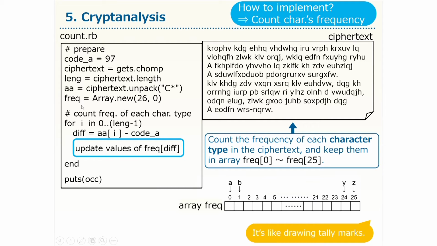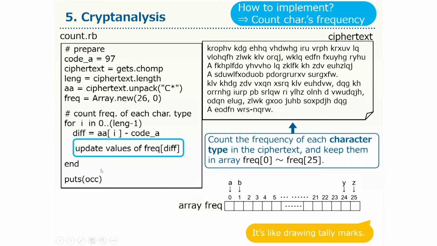Then we will arrange array FREQ that expresses the frequency. Since there are 26 lowercase English letters, the length of the array is 26. Let's set the initial value to 0. Then, looking at the letters encoded one by one from the array AA, we revise the number of occurrences of each letter.